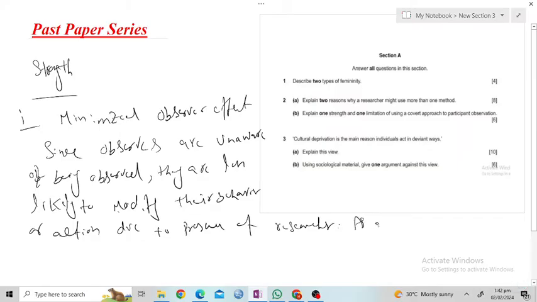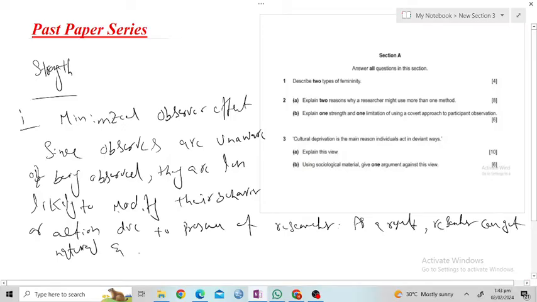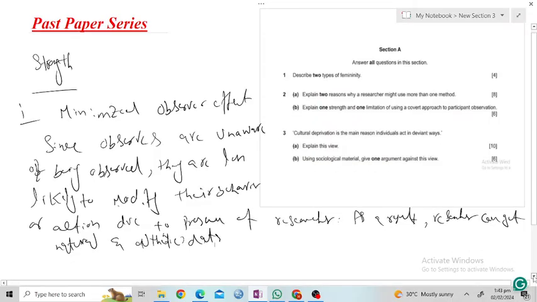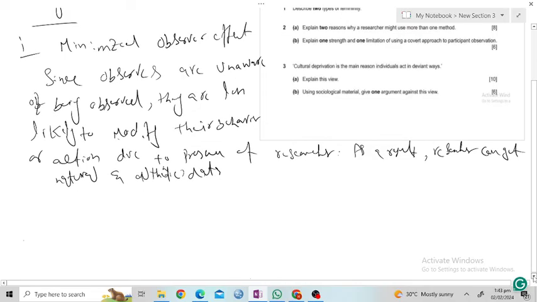As a result, the researcher can get natural and authentic data. Now, give one limitation to wind up this question.